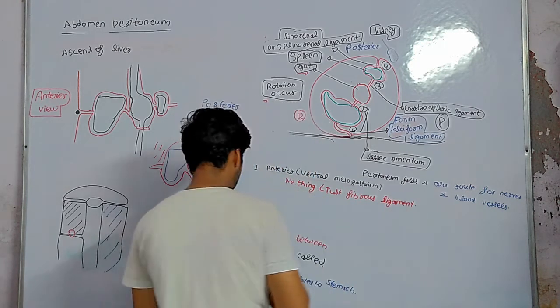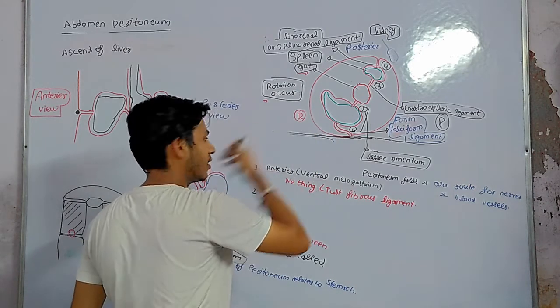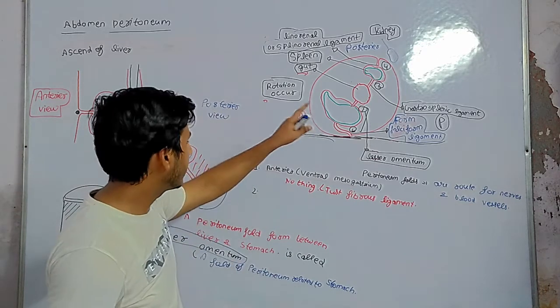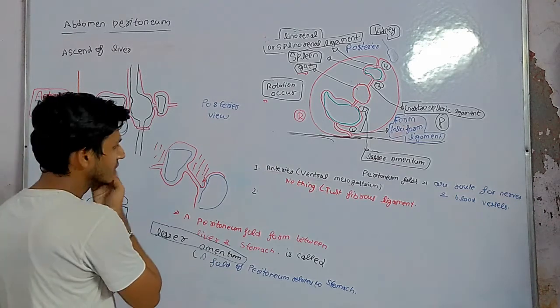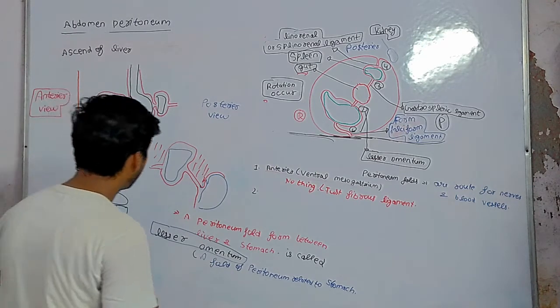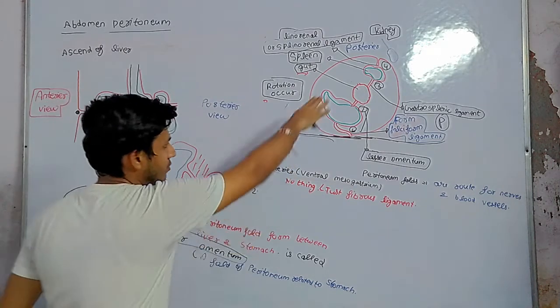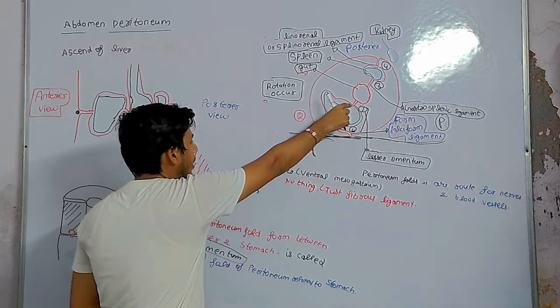First cover. Second is liver and stomach. So this ligament has two parts. Done. Now again we take one section more to understand this. Now first we take three parts. We will learn this later.